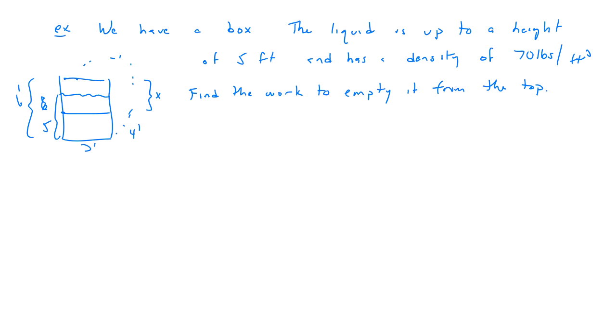And go through the pieces here. So we know work is equal to force times distance. So let me start off with the volume of the little slice here, which is, of course, 12.